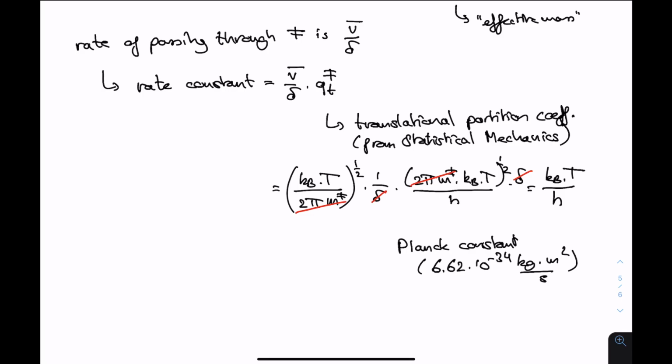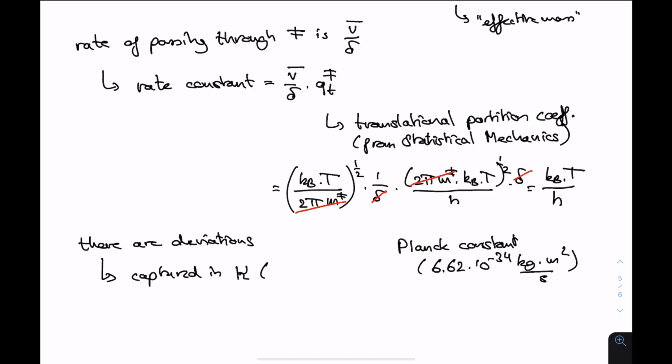Okay, again, there are some deviations, and those are captured in kappa, which can go from 0 to 1. And so this is called the transmission coefficient.